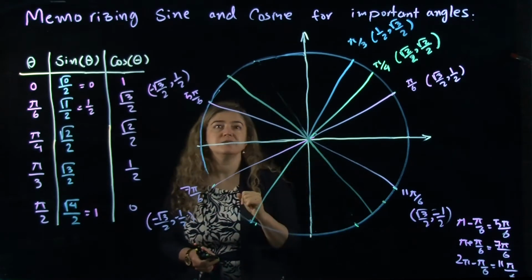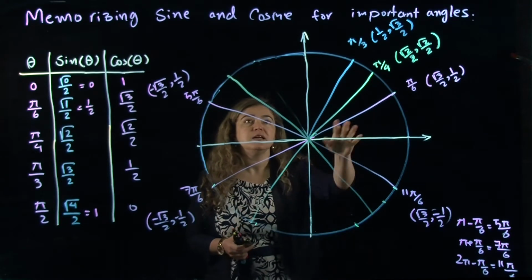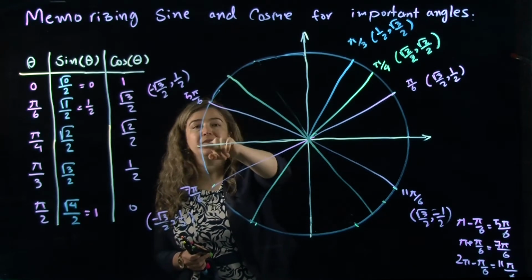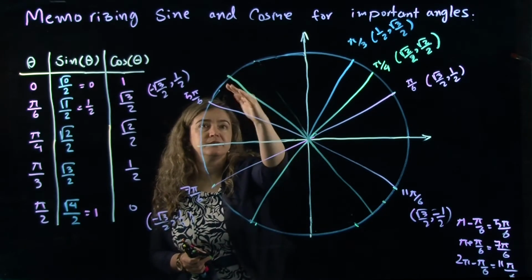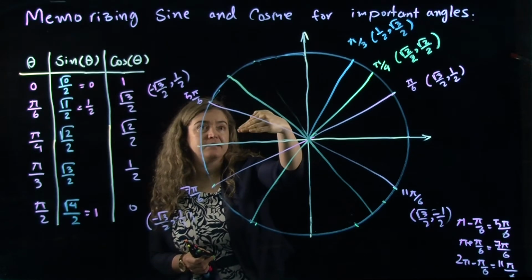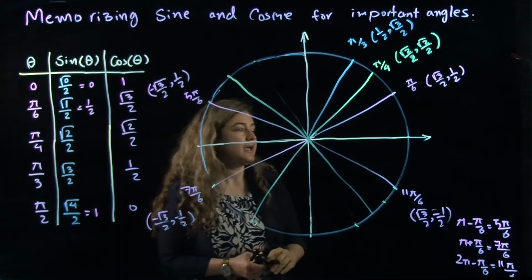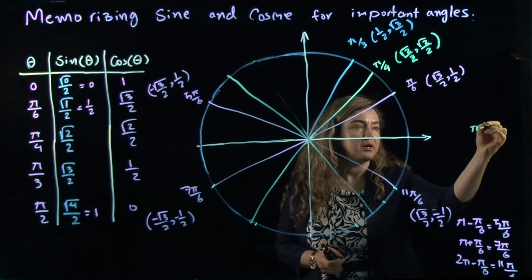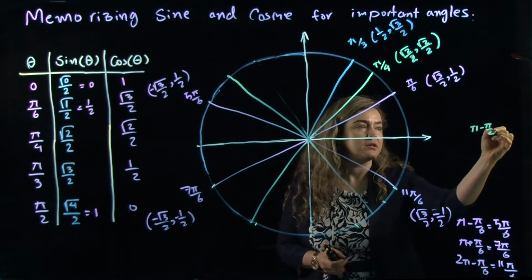Okay, and so for pi fourth, calculating this one gives me pi minus pi fourth because there is a symmetry over here, and so on scratch paper I calculate pi minus pi fourth.